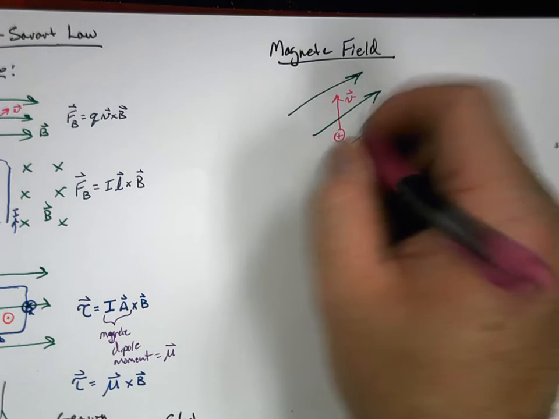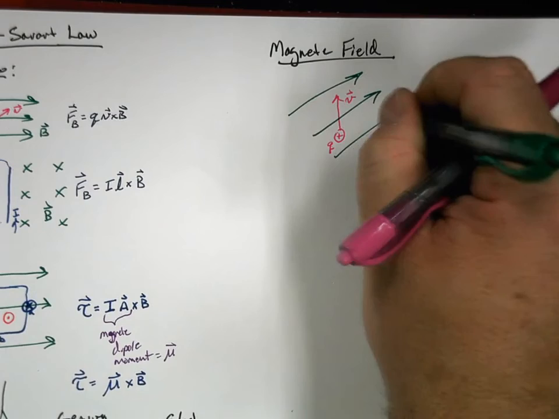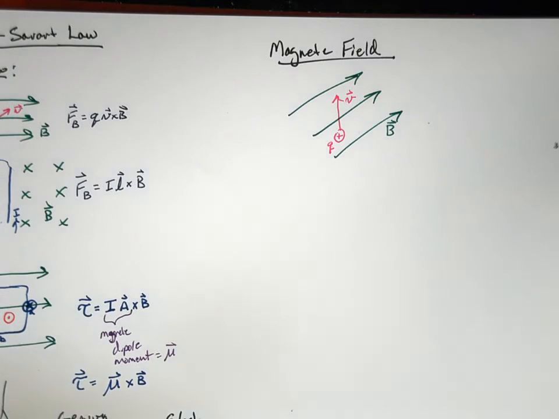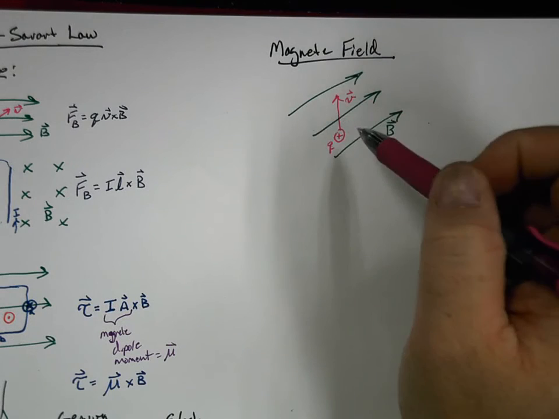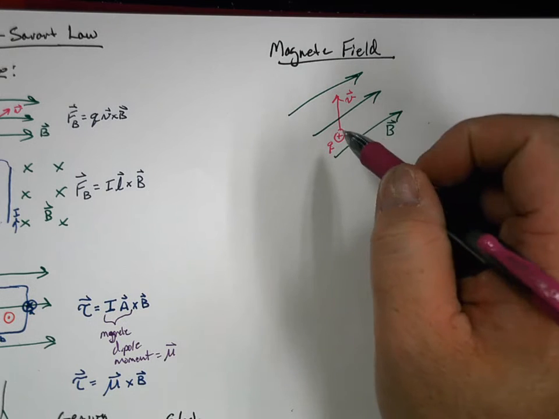It has a charge, and this is B. So what is the cause of this magnetic field? It turns out that the actual cause of this magnetic field is other moving charges.